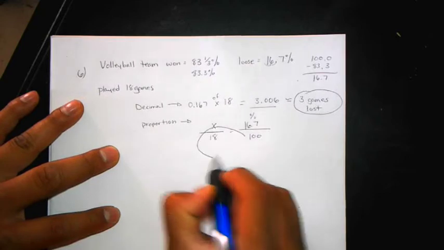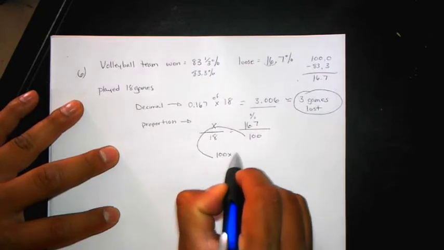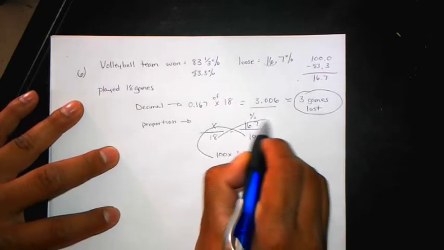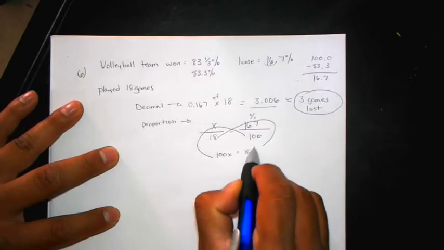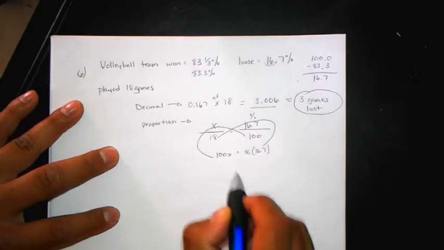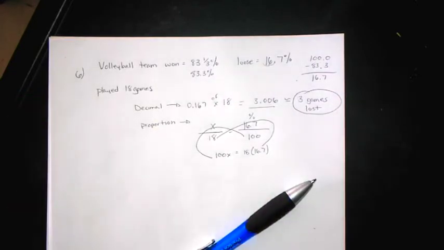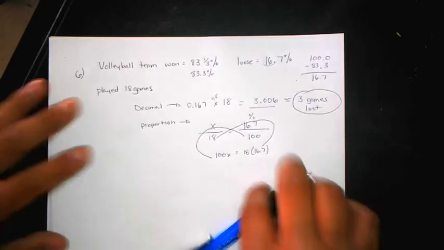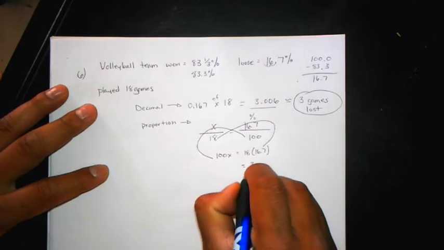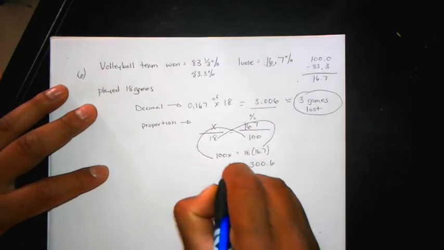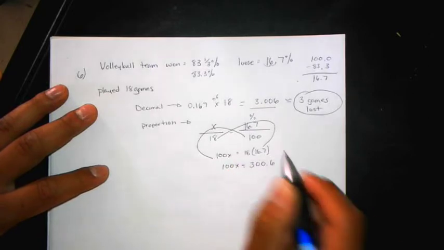I'm gonna go ahead and do my heart method. I have 100x. 18 times 16.7. Go ahead and multiply that on your own and tell me what you get. So the answer is 300.6, and then you just bring down the x because I haven't done anything to that side.